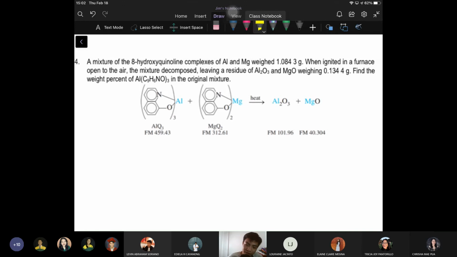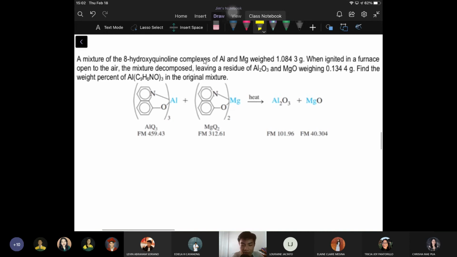So, anong kwento dito? Parang yung kanina lang. So, you have two mixtures of salts, in this case, complexes. Meron kang aluminum complex, AlQ3 ang formula. Ito naman yung isa, MgQ2 ang formula. Ang mass daw nitong dalawa ay 1.0843.